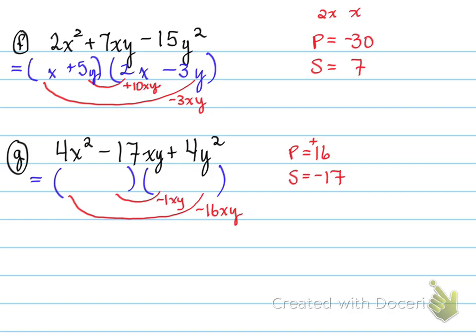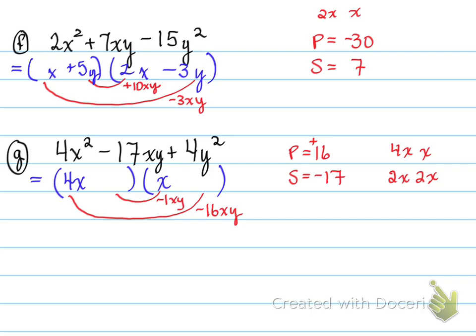We need to break up 4x squared into 4x and x, or 2x and 2x. And if you look carefully, this one here is not the problem, but this one here, oh, we got a problem here, folks. This one is definitely not divisible by 2. So we need 4x and x. 4x to go here with the 16xy, and x to go with the minus 1xy.